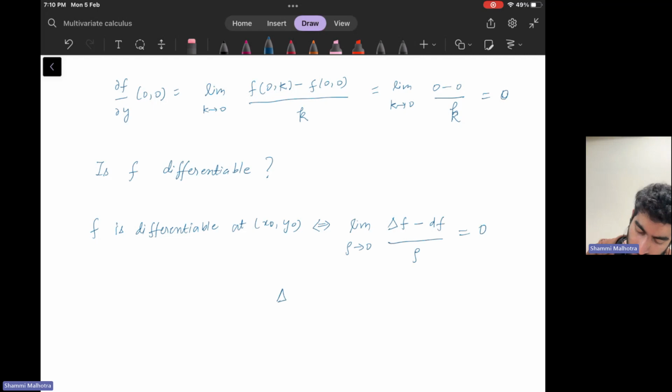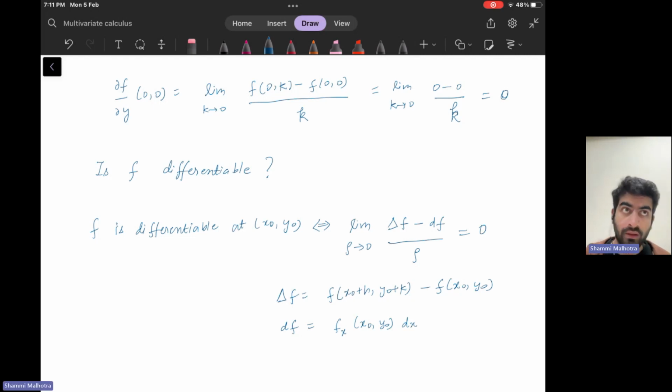And what is my delta f? This is f at (x naught plus h, y naught plus k) minus f at (x naught, y naught). df is the partial derivative with respect to x at (x naught, y naught) times dx plus the partial derivative with respect to y at (x naught, y naught) times dy.